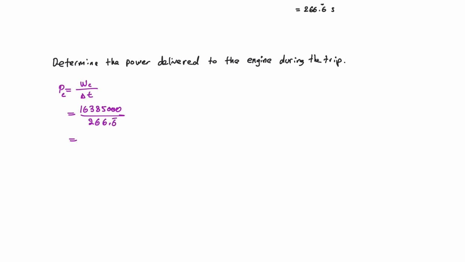And by doing this, I will get 61,443, which is approximately 61,400 watts in 3 significant figures. You could have done this in many other ways. You could have just multiplied it by 2 because you know the efficiency was 0.5, or you could have used other methods as well, but this is one of the methods to get there.